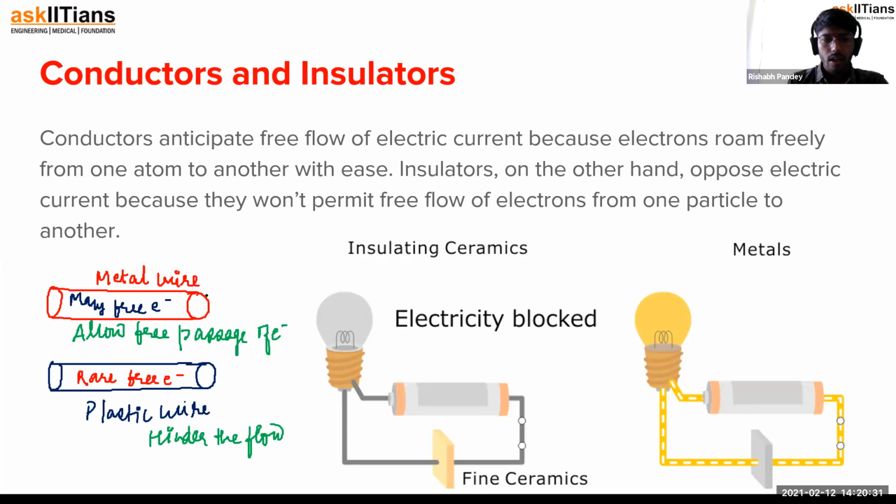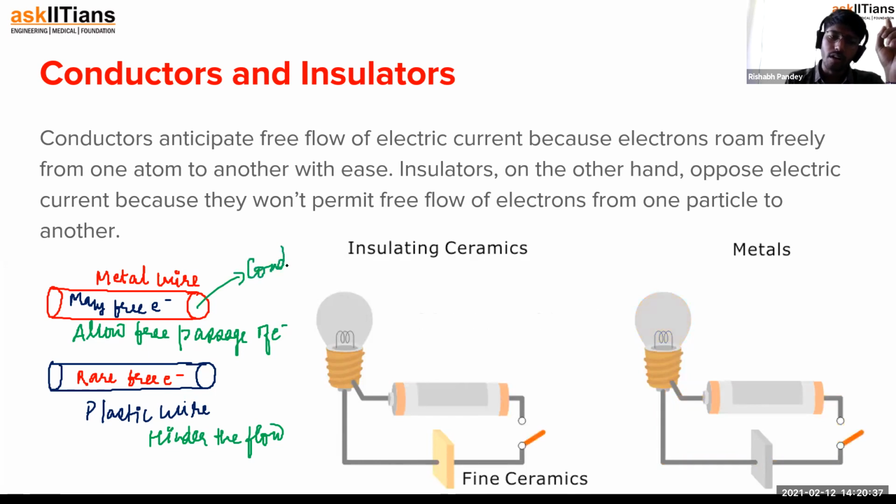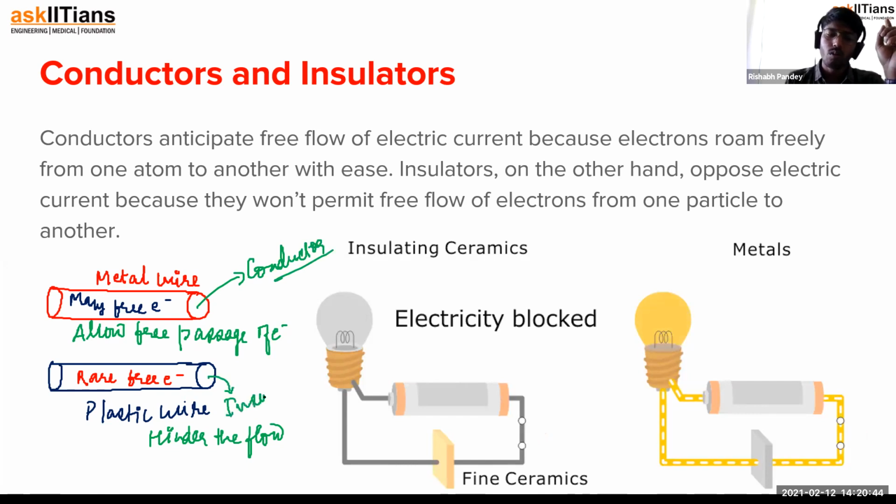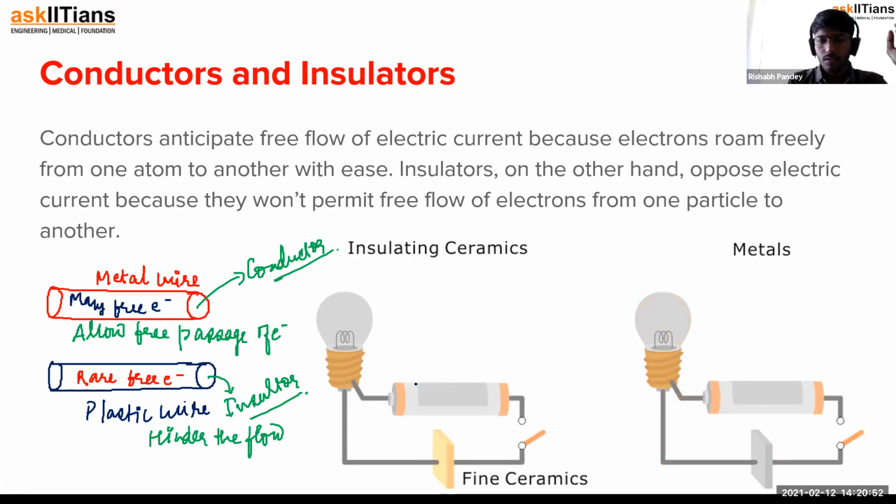That is why wires are conductors, because they have free electrons, and so they conduct electricity. And insulators are called insulators because they don't conduct electricity. Clear?